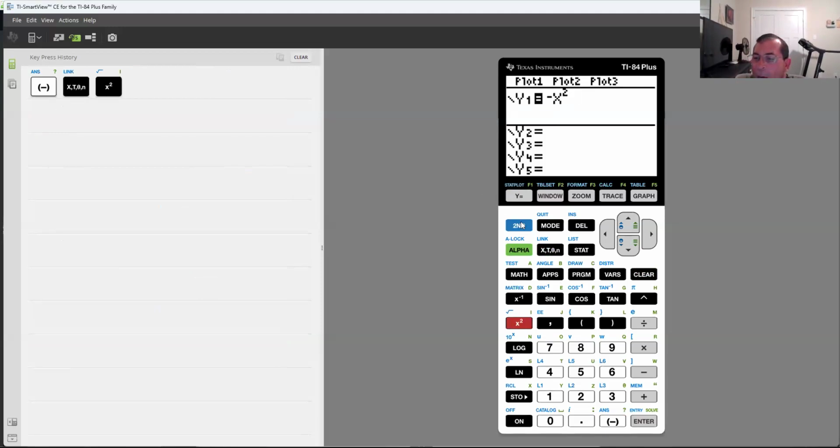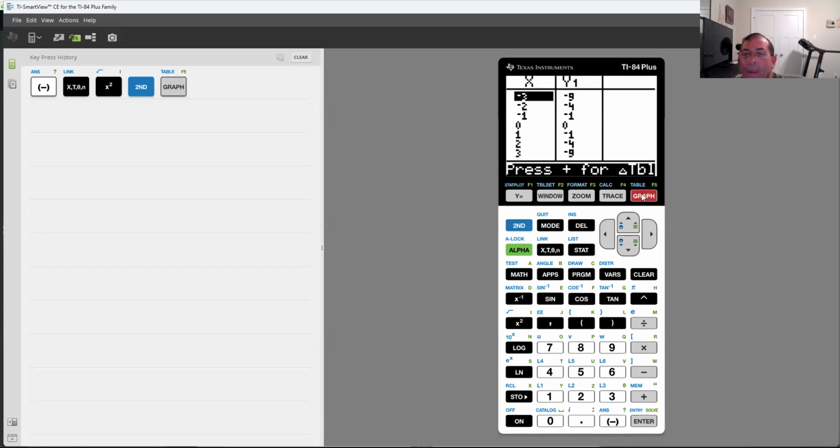Look at this table. I want y'all to see the symmetry. So I'm going to hit second graph to go to the table. And y'all look at that. -3 gave me -9 for the answer. +3 gave me -9. 2 gave me -4. -2 gave me -4. They are very symmetric, okay?